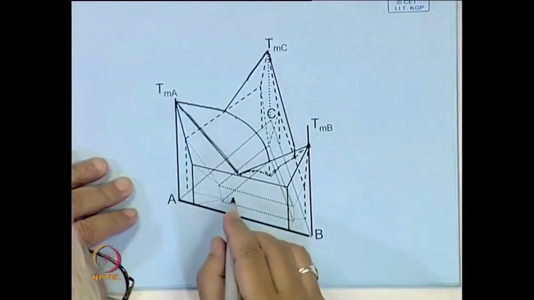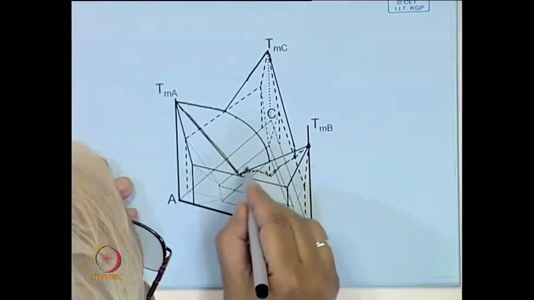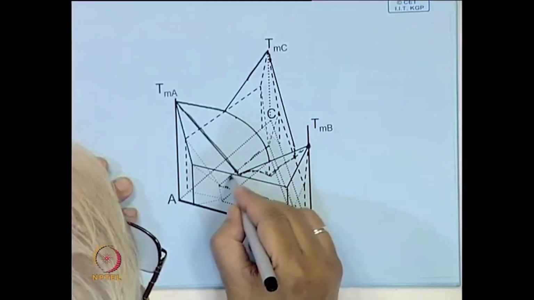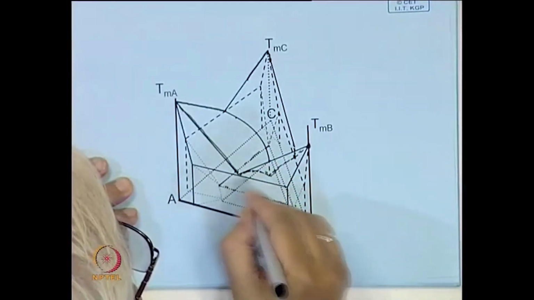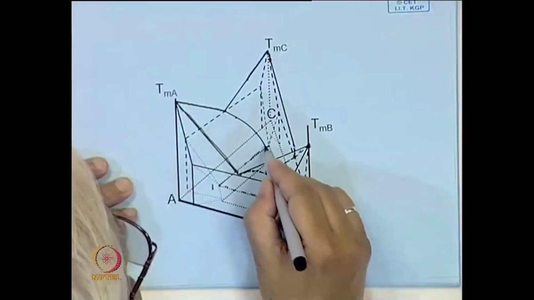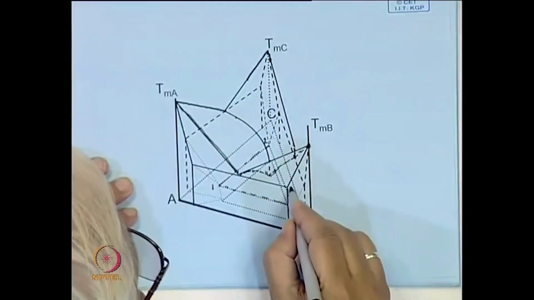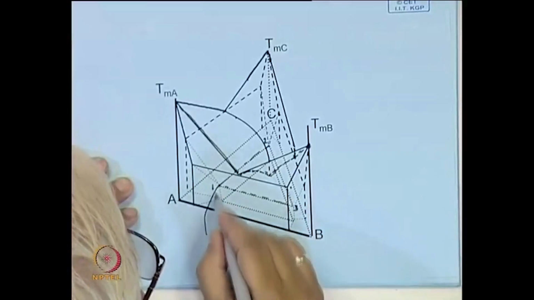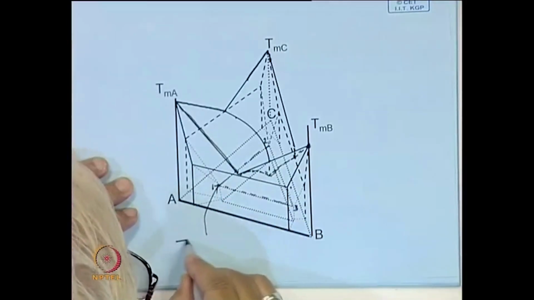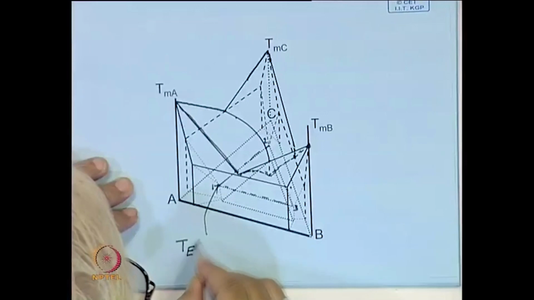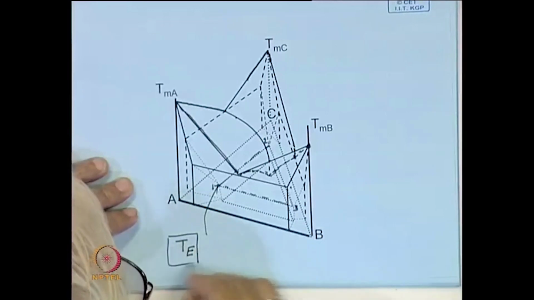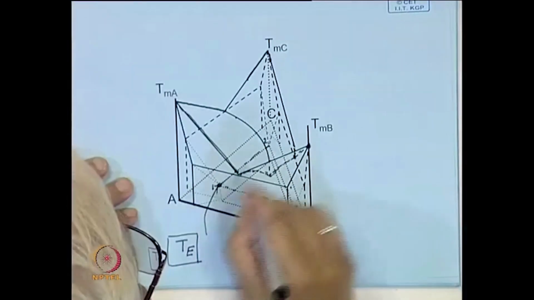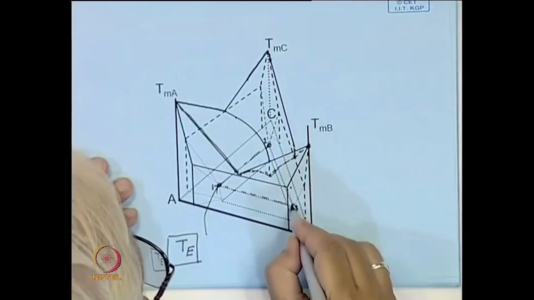Inside I have drawn this triangle, say 1, 2, 3. This is the isotherm at the eutectic temperature, where all these are meeting, and these are the fixed compositions.